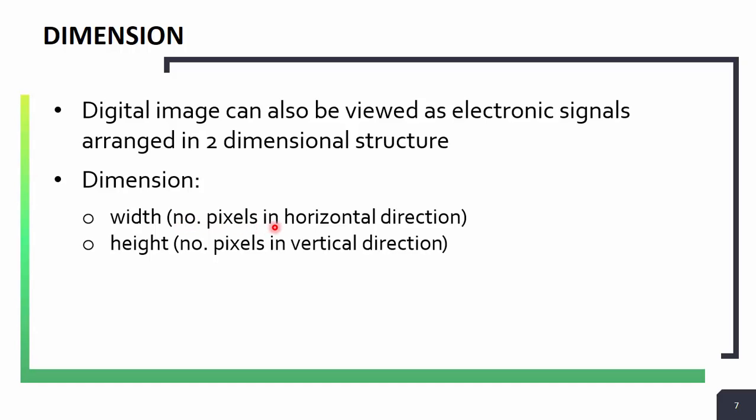Width is the number of pixels in horizontal direction, and height is the number of pixels in vertical direction. So this is what we call the dimension of an image.